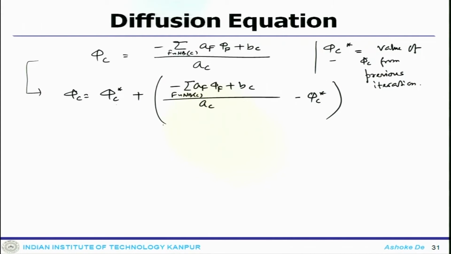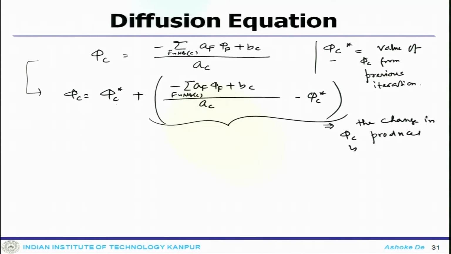Now, if you look at this expression within the parenthesis, it essentially represents the change in phi_C produced by the current iteration. So, the value within this parenthesis shows the change in phi_C produced by this current iteration.